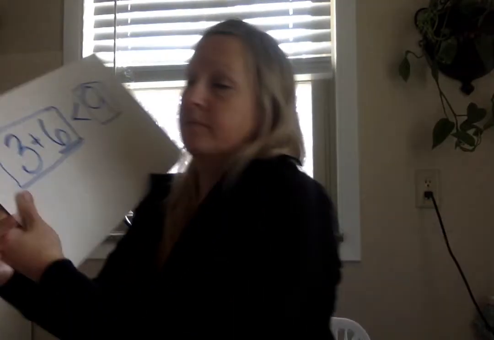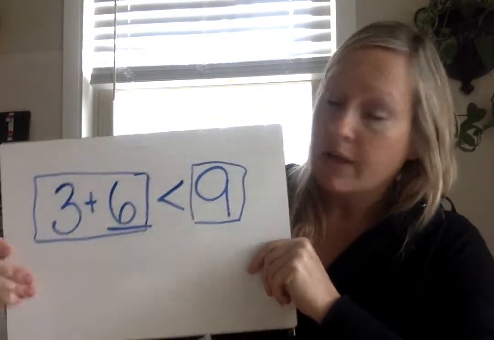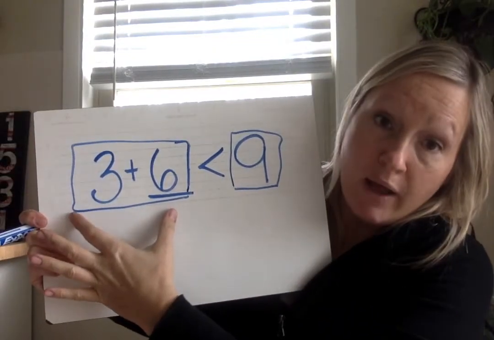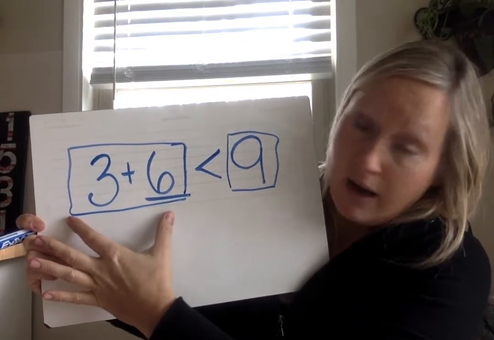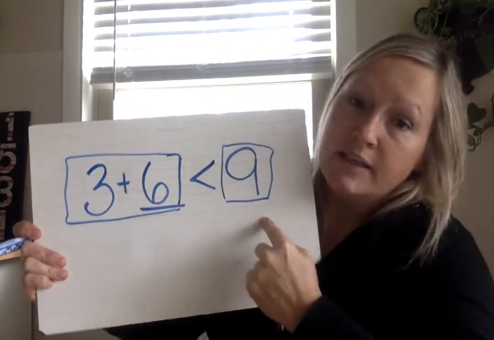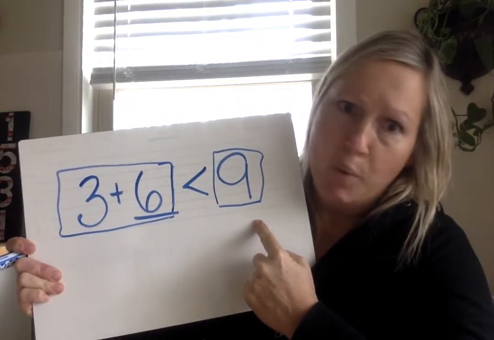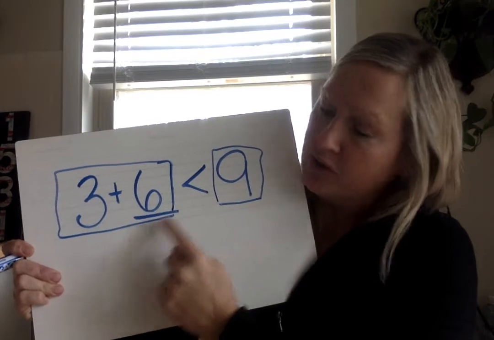Do you see how more than one thing could work? So far a 1 and a 4 would work. Now I'm going to put a 6. So this whole side is what? 3 plus 6 is 9. 9 is less than 9. Nope. Too much. Those are what?